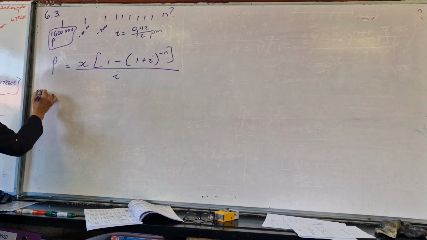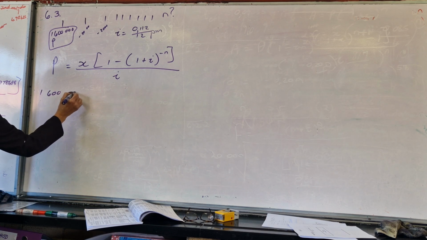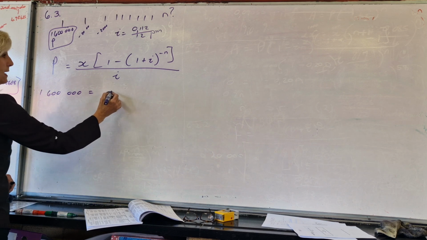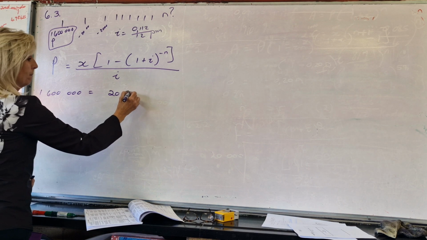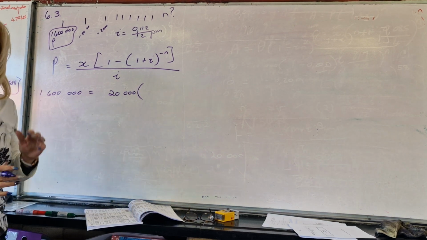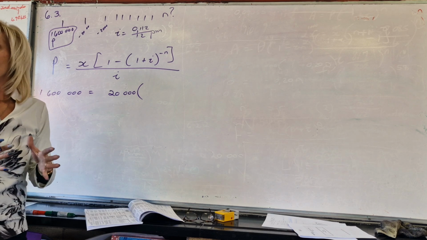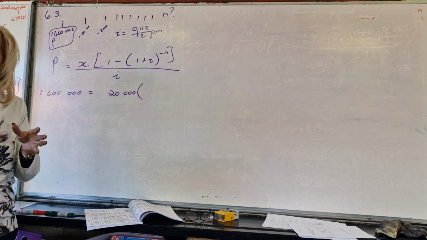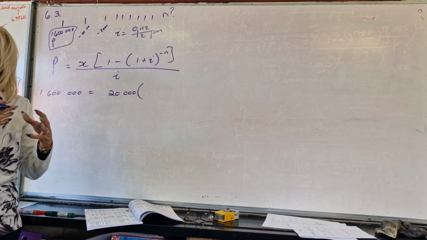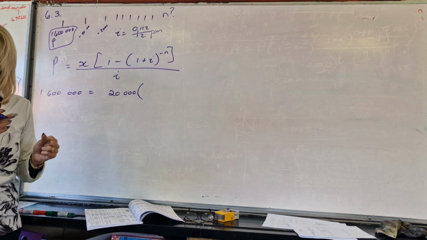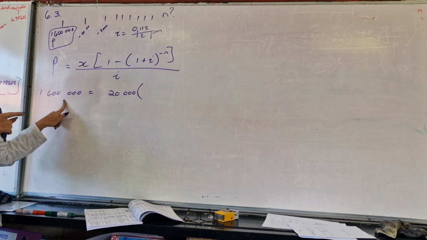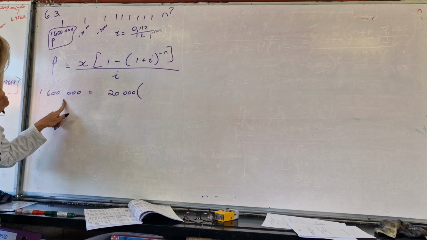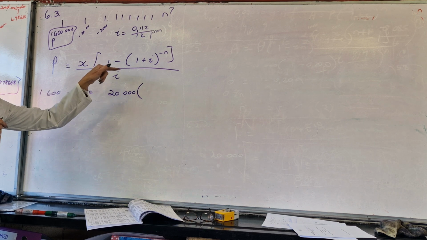The P is the 1.6 million. Please don't have too many or too few zeros. X is your installment. You're taking out an equal amount of money, 20,000, 20,000, 20,000. So it's going to be more than the 80 times because of the interest.